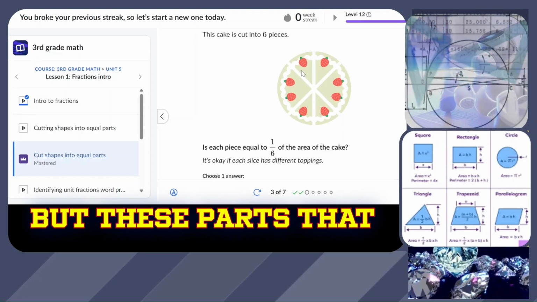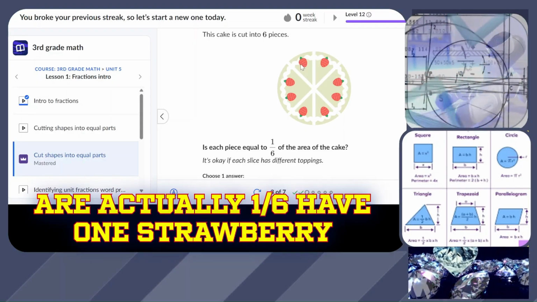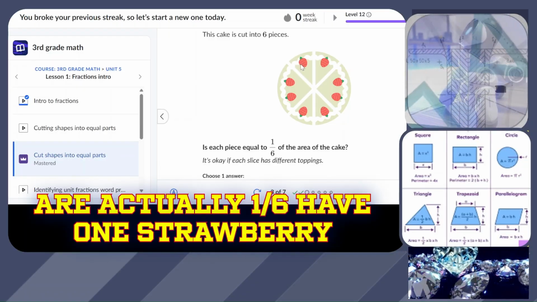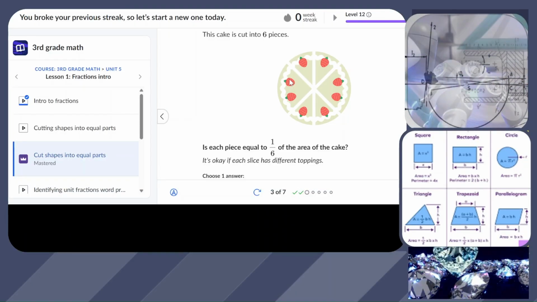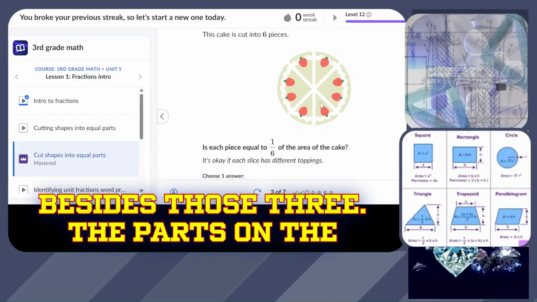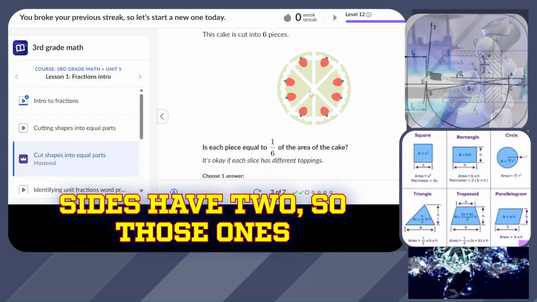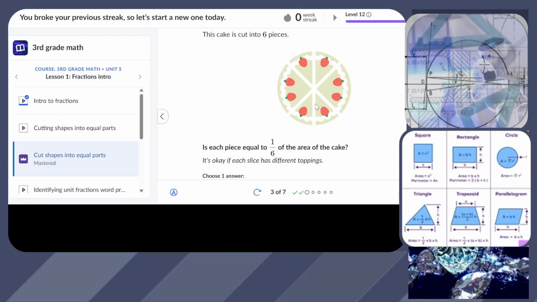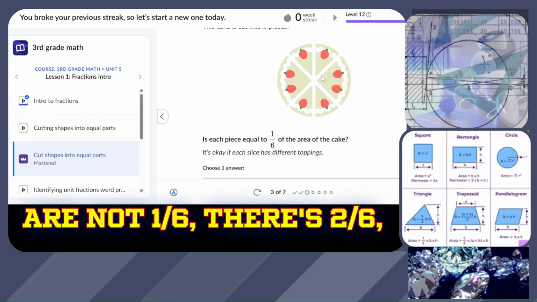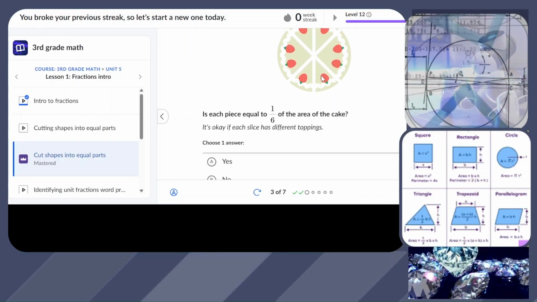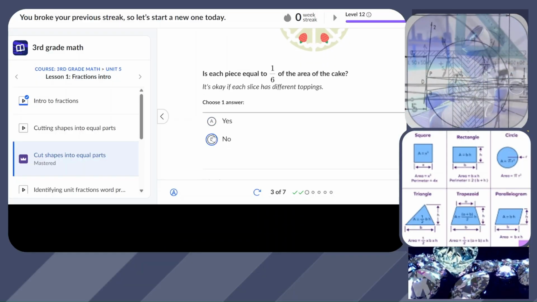But these parts that are actually 1/6 only have 1 strawberry on them, and the other ones have 2, besides those 3. The parts on the sides have 2. So those ones are not 1/6. They're 2/6. So the answer is no.